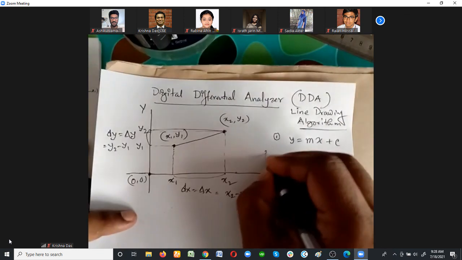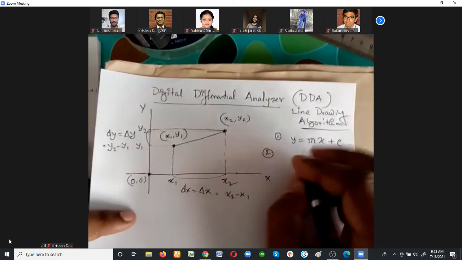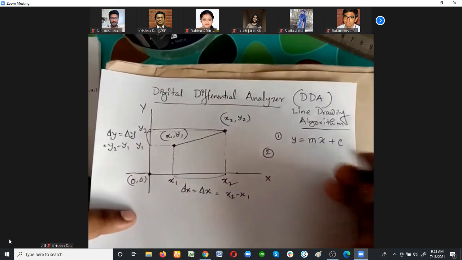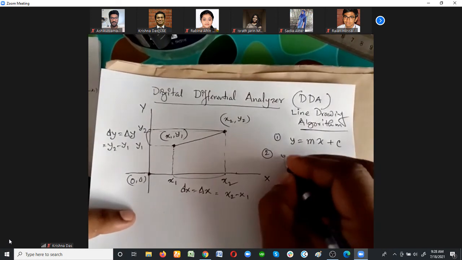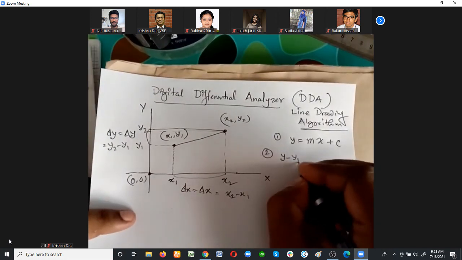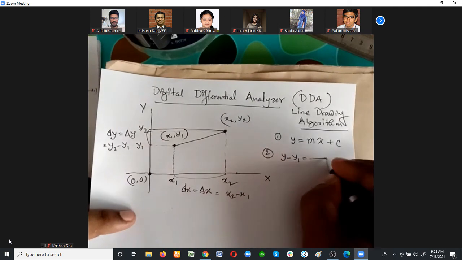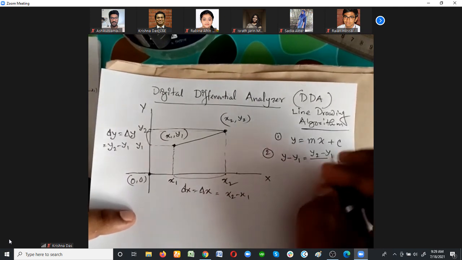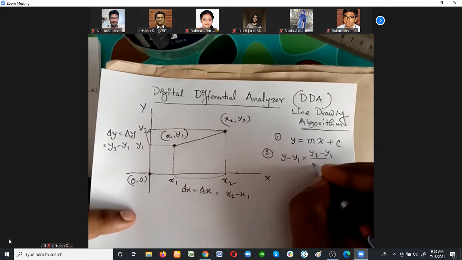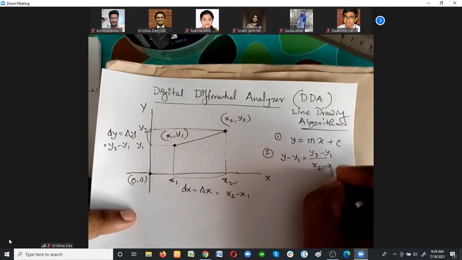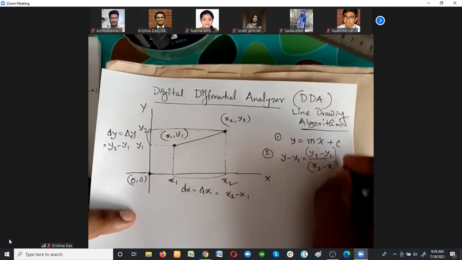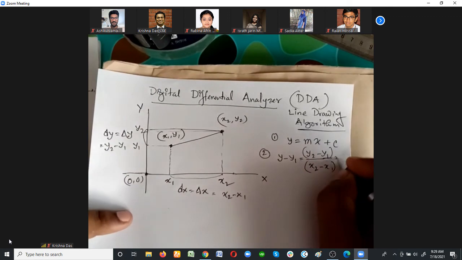Another one we had: if we have 2 points, then y minus y1 is equal to y2 minus y1, over x2 minus x1, times x minus x1, where you see del x and del y.